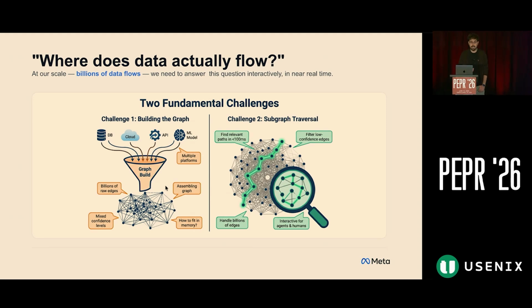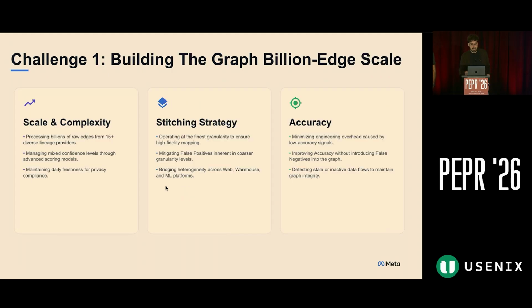We need to make it interactive, in real time, and across a graph which is both messy and constantly changing. I want to start with a couple of challenges we observed on the graph generation side. When you try to build this graph, especially at Meta, you need to deal with multiple lineage providers. We have more than 15 of them.